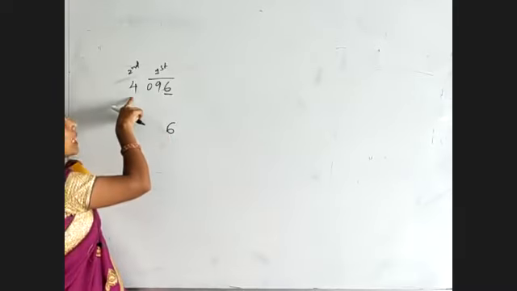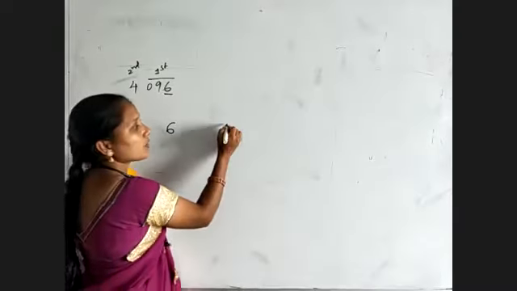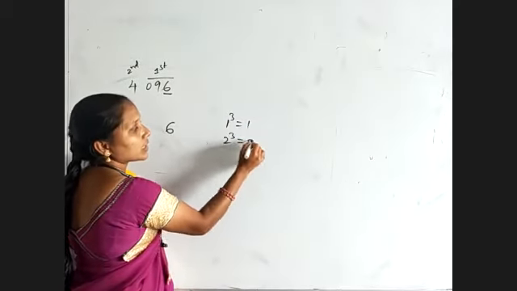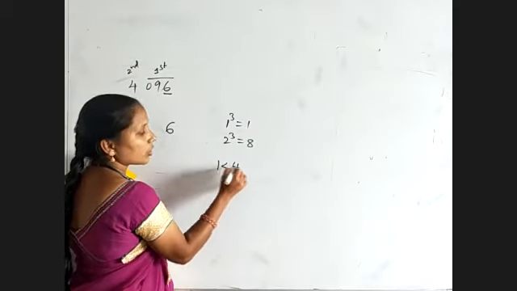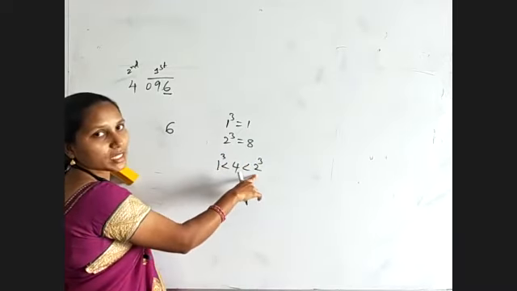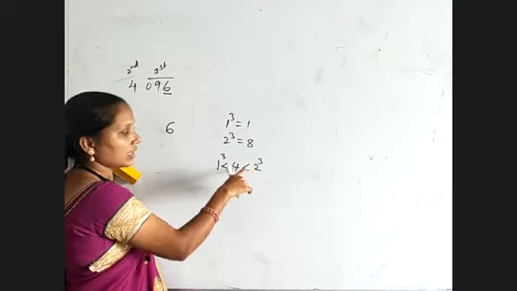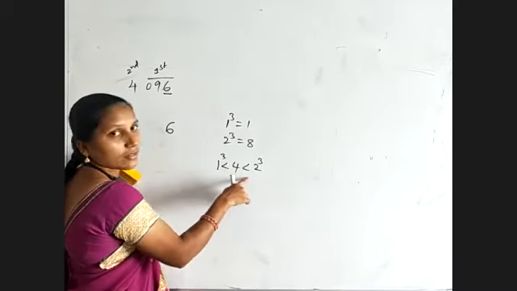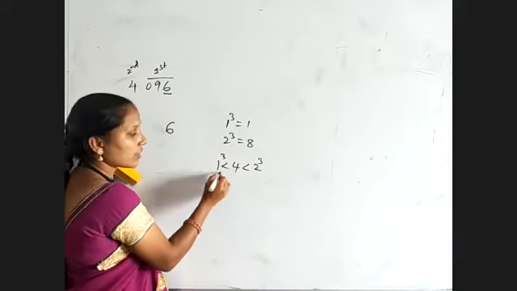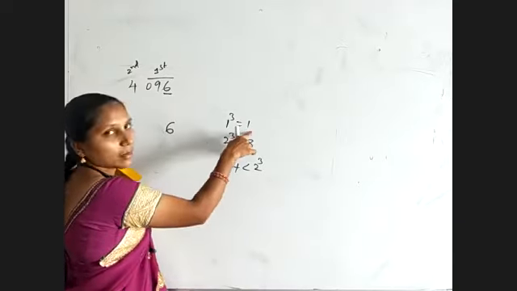Okay. And coming to 4, cube values we will find. 1 cube is equal to 1, 2 cube is equal to 8. So 4 is between 1 cube and 2 cube. 1 cube is 1, 2 cube is 8. It is between the cube value of 1 and the cube value of 2. That means the lesser value we must take. So 1 cube is nothing but 1.